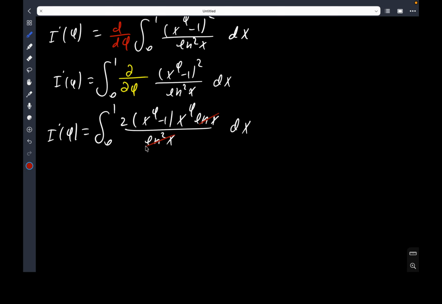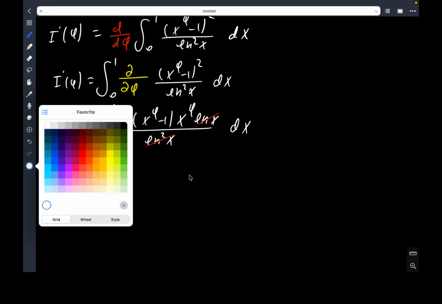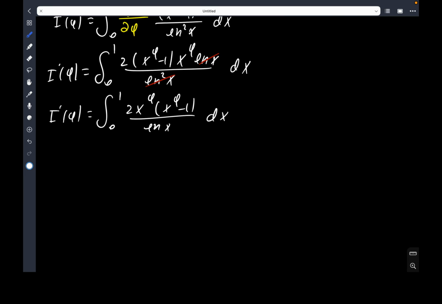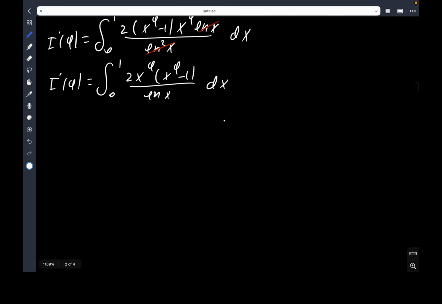I can cancel out these two ln x's, and my I prime of phi is going to be the integral from 0 to 1 of 2 x to the phi times (x to the phi minus 1) over ln x dx. So I'm going to expand this a little bit now.